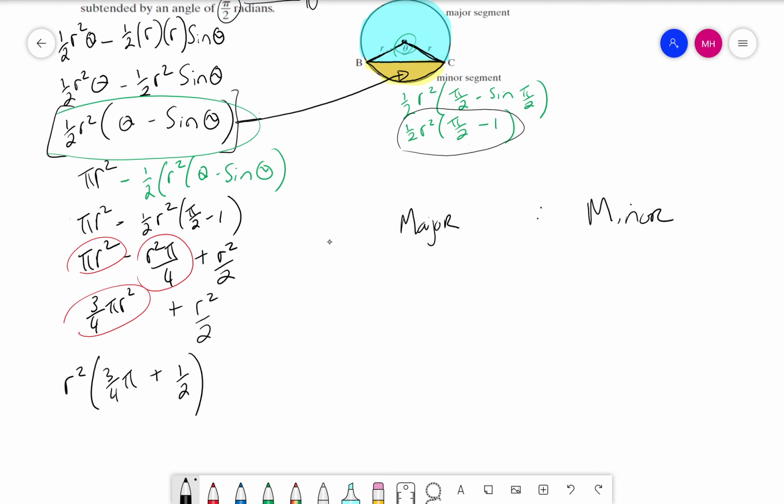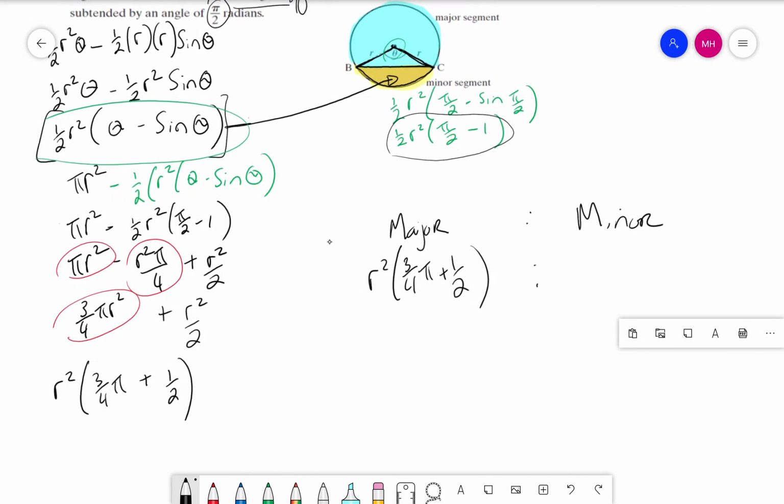The major is r squared into 3/4 pi plus a half. And the minor is r squared over 2 into pi over 2 minus 1.